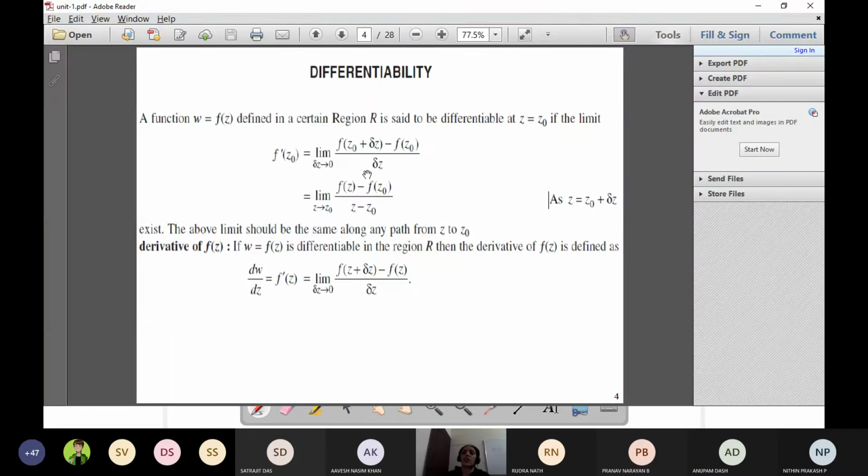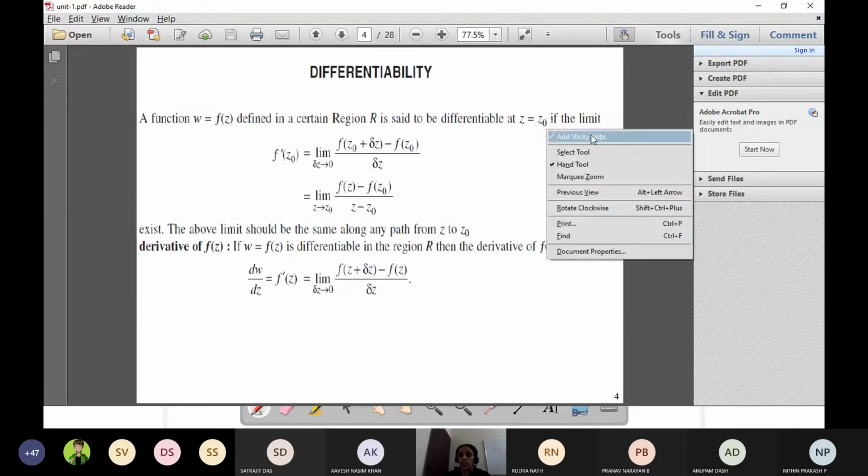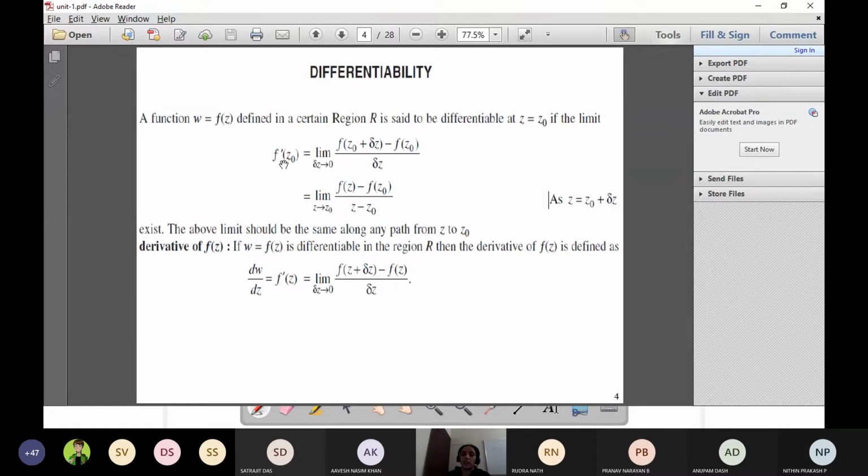Here I have written it in terms of complex numbers. A function w equals f of z defined in a certain region R is said to be differentiable at the point z equals z naught if the limit f dash of z naught exists, where small del z is a small change. The limit should be the same along any path z to z naught.